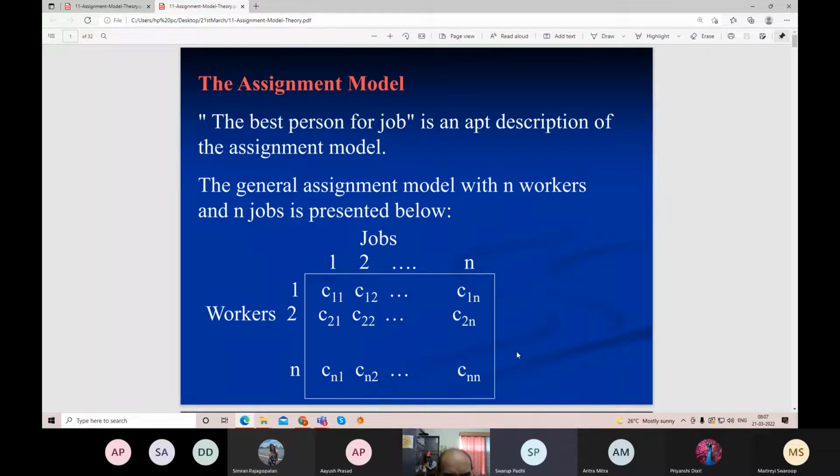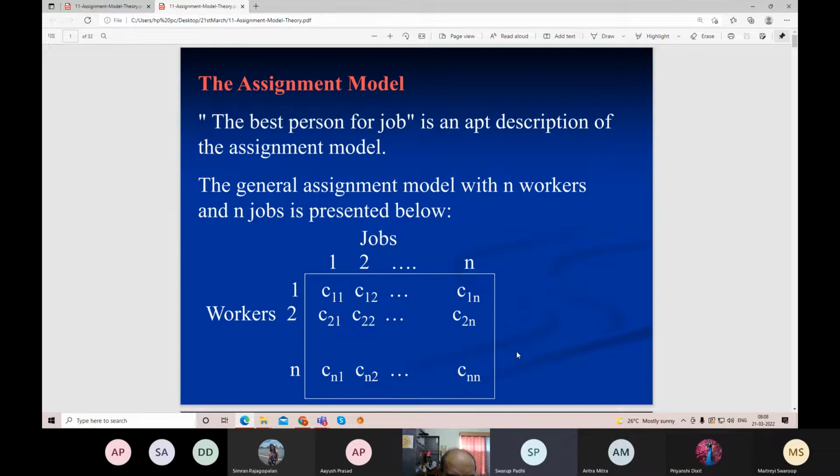This is one way, but we are going to assign in an optimal manner so as to minimize the total assignment processing cost. If you arbitrarily assign a worker to a job, that may not be optimum.